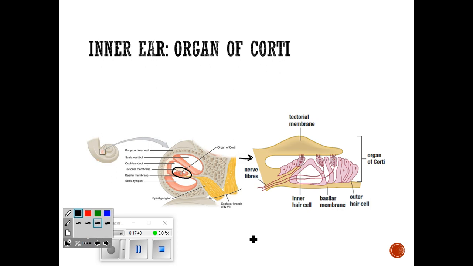You need to know this, which says tectorial membrane. Now if you look at where it's pointing to the top here, and you can see it on this zoomed in picture. So these two pictures are showing you the same thing, but we're just giving you a little bit more detail on the right.